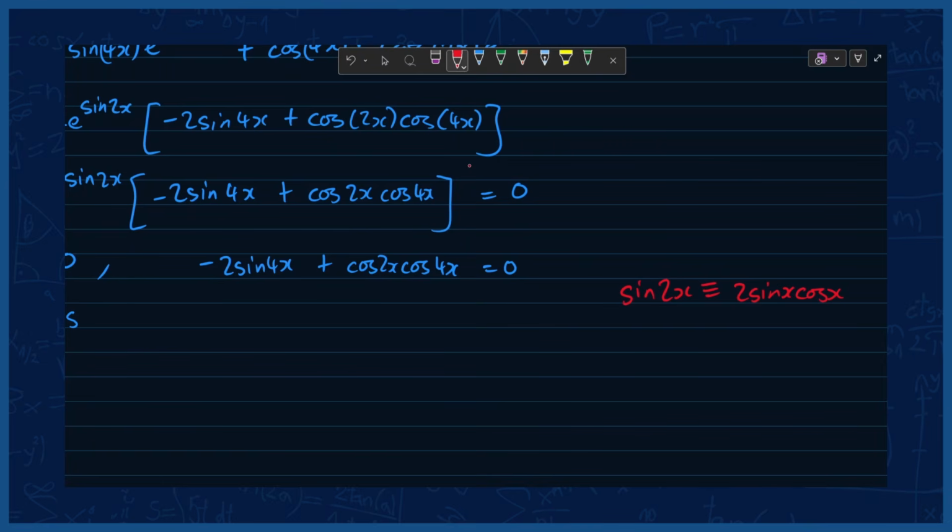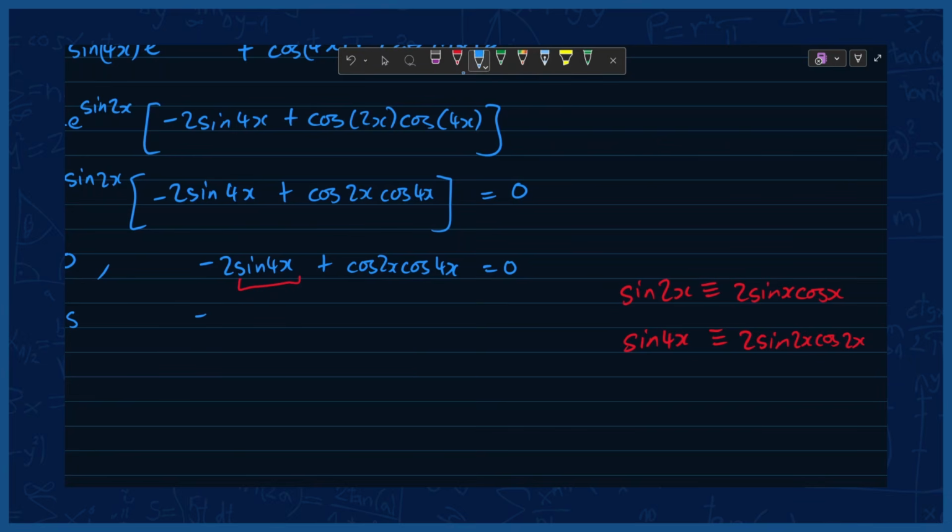So I can manipulate my double angle formula to work with whatever angles I wanted to work with. So if I want a double angle formula for sine 4x, that just means I need to have half the angle on the right. So this has to be 2 sine 2x, and this is cos 2x.